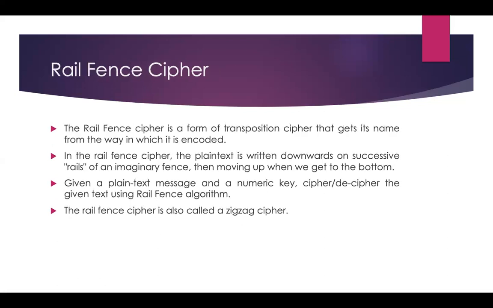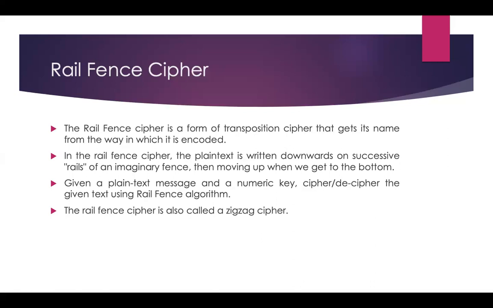The rail fence cipher is a form of transposition cipher that gets its name from the way in which it is encoded. Here we have an imaginary fence having rails of a given key length. In the rail fence cipher, the plain text is written downwards on successive rails of an imaginary fence, then moving up when we get to the bottom.